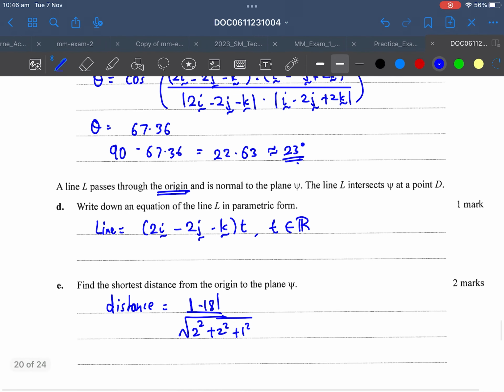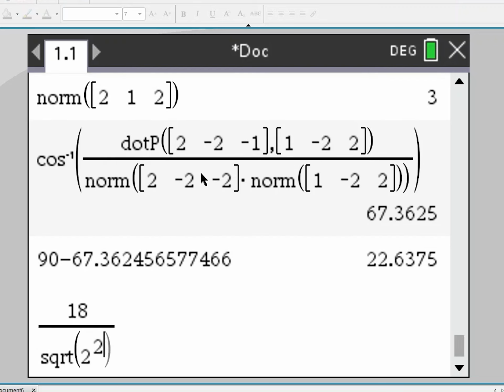So evaluating this on CAS, the square root of 2 squared plus 2 squared plus 1 will give us 6. So our shortest distance is going to be 6.